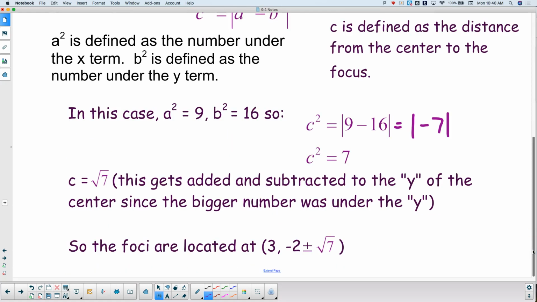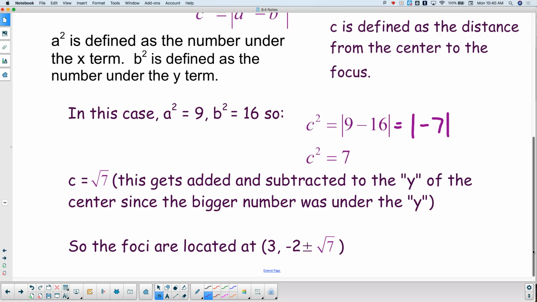So c is the square root of 7. Now, square root of 7, I'm just going to leave it as the square root of 7. Or if it was the square root of 8, I'd simplify it to be 2 square roots of 2. Simplified radicals here.